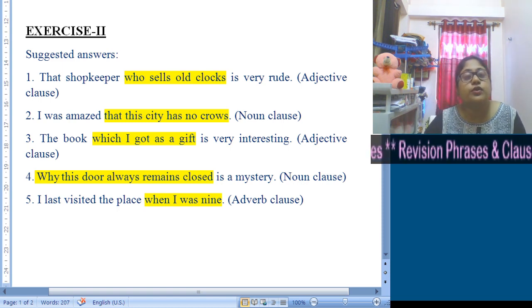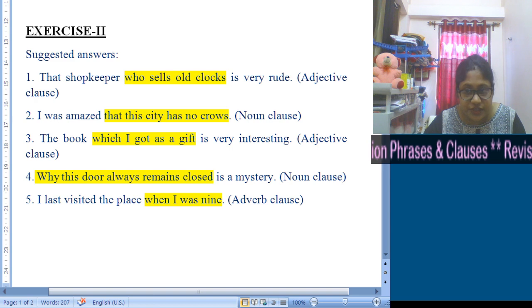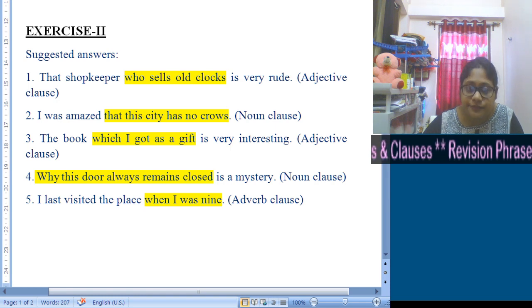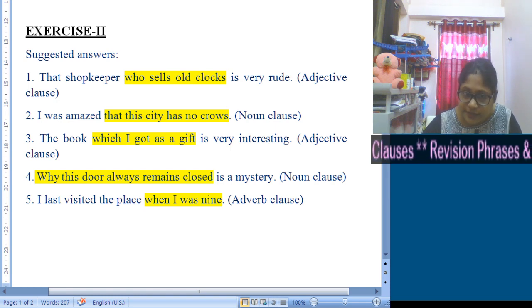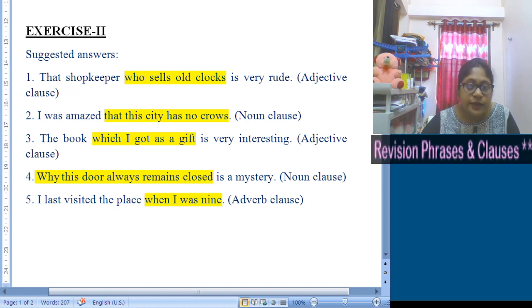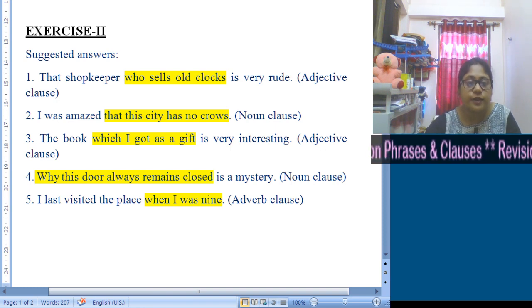Next one, the book dash is very interesting, and we were asked to supply an adjective clause. So here the suggested answer can be, which I got as a gift. The book which I got as a gift is very interesting. Your answer may vary obviously. Number 4, dash is a mystery, and we were asked to provide a noun clause.